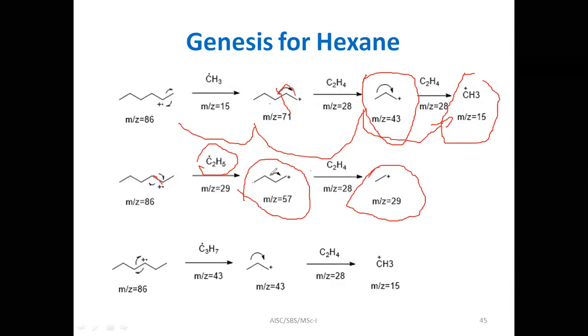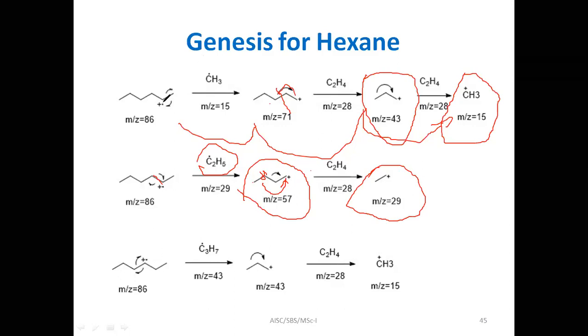Okay, that's the breaking of this bond, shifting towards this positive, and formation of that positive charge on this carbon. So you're getting CH2 positive CH3, ethyl with positive charge, which shows the mass of 29 in the mass spectrum. Then the molecular ion where the positive dot is on the third carbon.